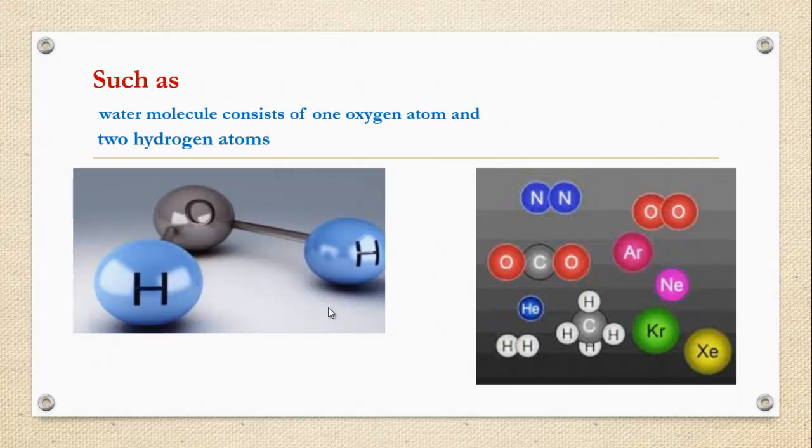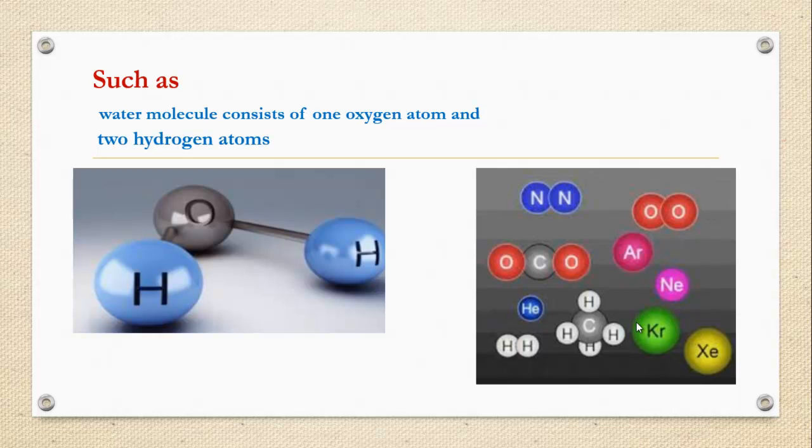If the molecule consists of one atom, like argon, this is the molecule of a substance consisting of one atom. If the molecule of any substance consists of one atom, this substance is called an element.